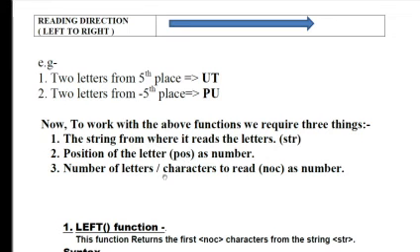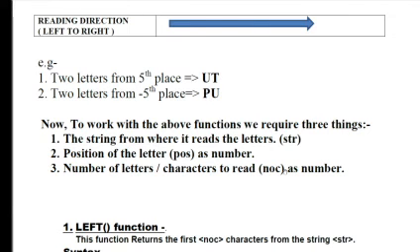Now the third important point is the number of letters or characters, meaning how many letters it will read: 1 letter, 2 letters, 3, 4. These three are very important, and the third one is optional. In case we do not mention it, it will read till the last letter.